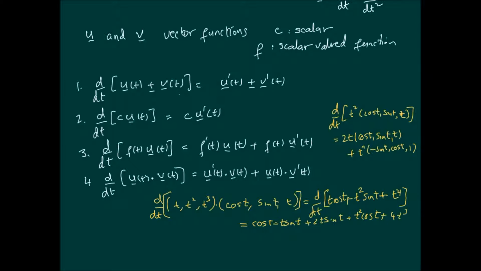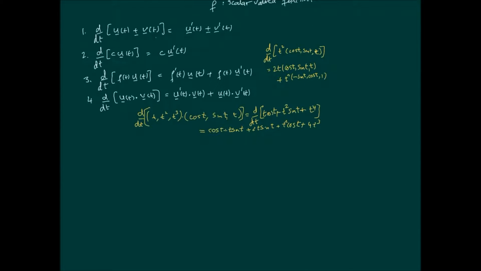As you can see, more likely than not, you will first take the dot product and then take the derivative. It is possible, of course, to follow the rule that's here, but I'm not going to use that because it's just longer and, in my opinion, it doesn't seem to be the best way to proceed.